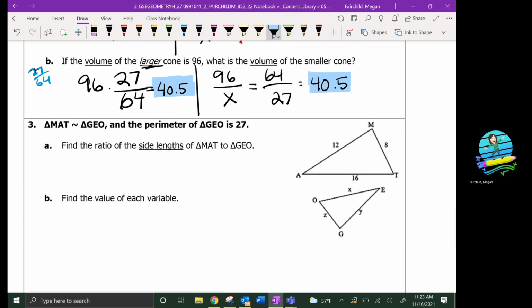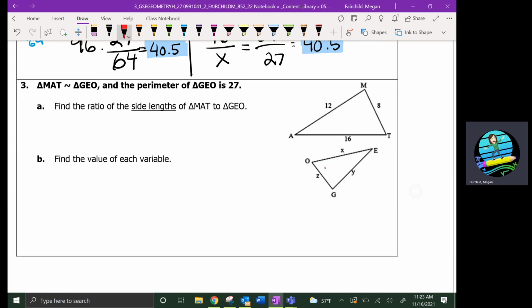Last question. This one's a little harder because they don't give you all the information. They give you the perimeter of this one is 27, and they ask you for the ratio of the side lengths. The perimeter of this one is 36. So when you have the perimeter of one and the perimeter of the other, you can set them up to find the perimeter ratio. And the perimeter ratio is also the same as the side ratio.